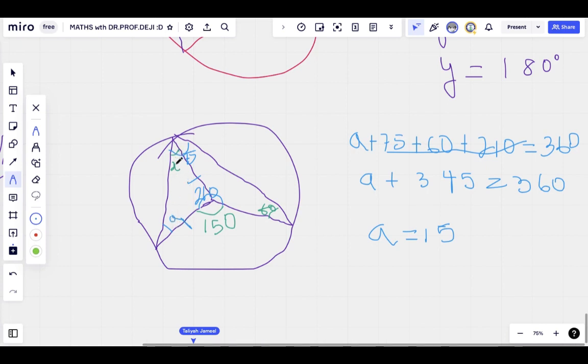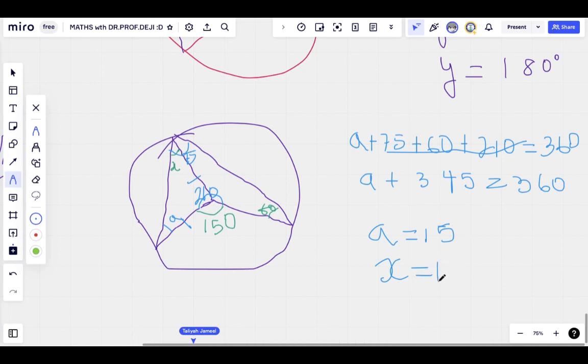Angle A equal to angle X, the base angle of the two radius. A triangle in a circle, when there's a triangle made by radius, the two base angles will be equal. So angle X equal to 15.